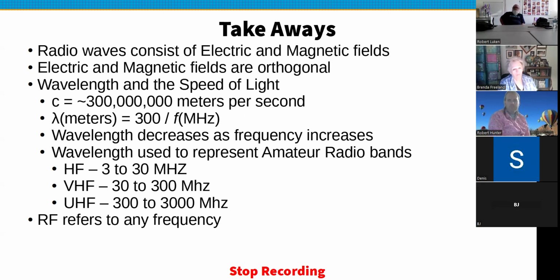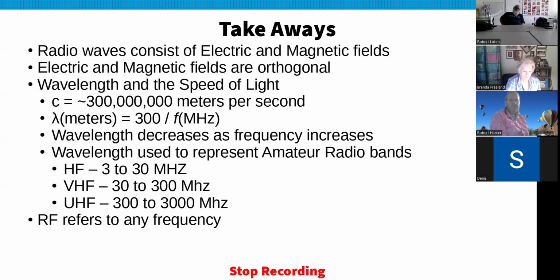We learned that the speed of light is approximately 300 million meters per second. And the formula for calculating wavelength of an electromagnetic wave, the simplified one, is 300 divided by the frequency in megahertz. So you're basically dividing the top and bottom of the formula by 10 to the 6, so they cancel those out.